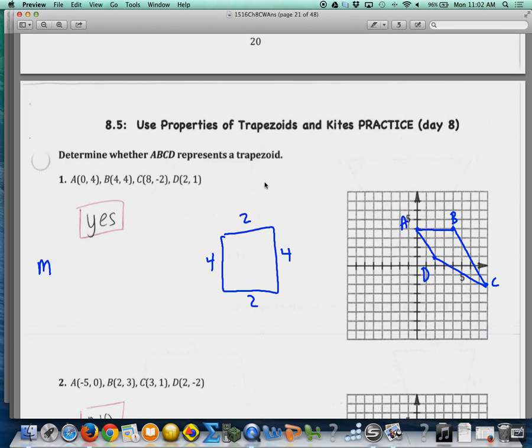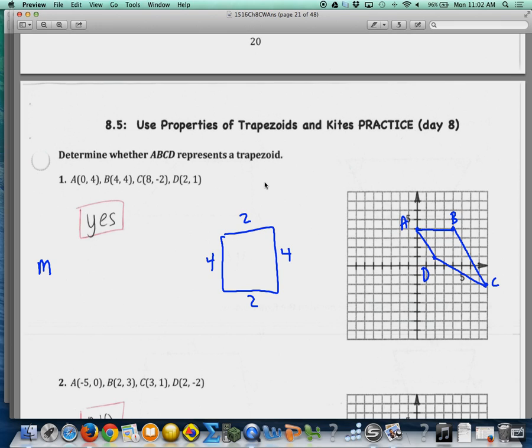Then what is it? Guys, look at your property sheet. If these end up being my slopes, what type of figure is this? Okay, here's how this sheet works. You guys are just looking for random written answers.